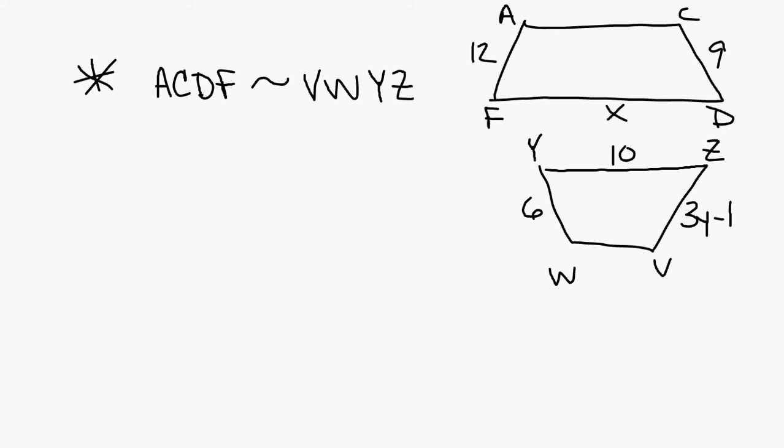So let's start off with writing a proportion. This side FD, which is the third and fourth letter in this description, that's your x. You put it over the third and fourth letter in the description on the right, which is YZ, which is 10.